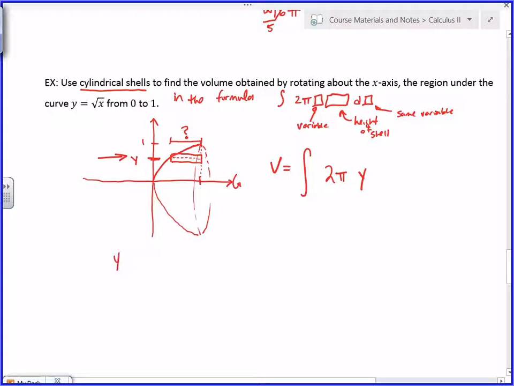Okay, so y equals square root of x is the way you would get the height of the function if you had an x. But that means I can solve this for x and get y squared. But where is y squared on this? That's this distance right there, right? So that's y squared. That's this distance here.